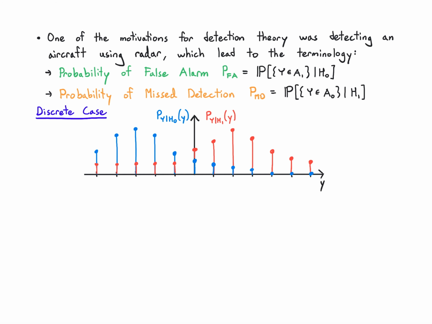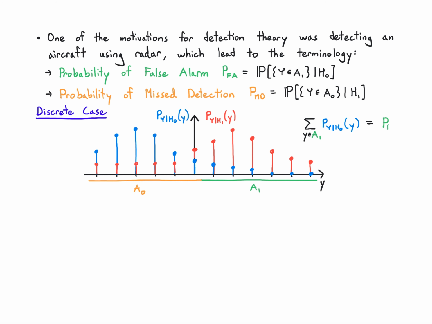The idea here is that across the whole range of y, I could be seeing the value y because it came from H0 or because it came from H1, but I have to decide one way or the other. So let's decide that all the positive values are going to go into A1 and all the zero or negative values are going to go into A0.